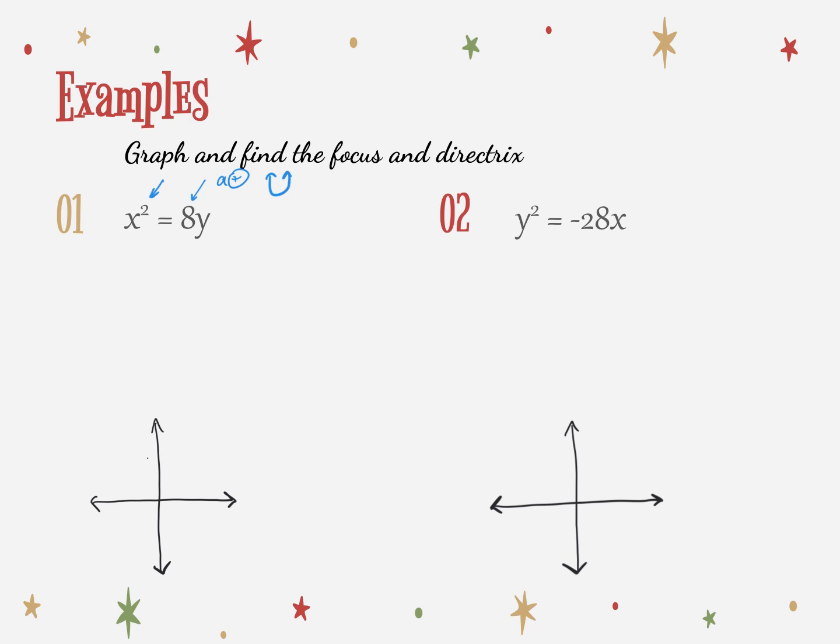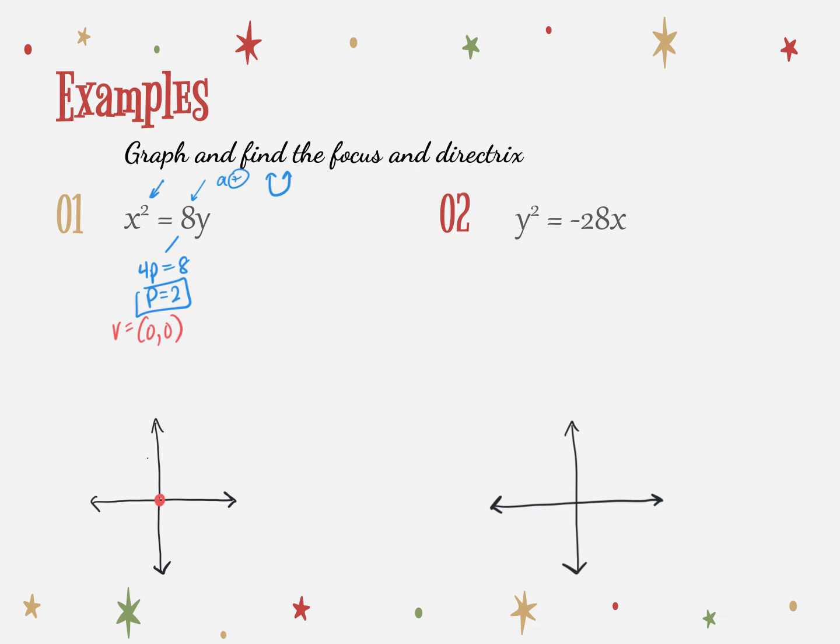I know that this value, 4p, equals that 8. So I know that p is 2, and I know that my graph is a parabola with the vertex at the origin, (0, 0). And because I know it opens upward, I know exactly where my focus and my directrix are going to be located.